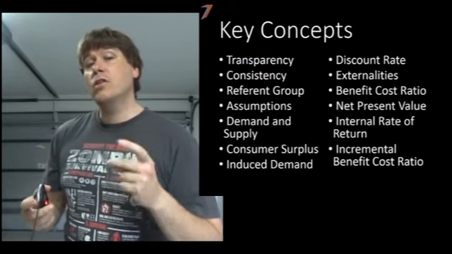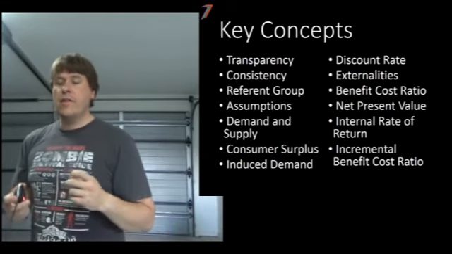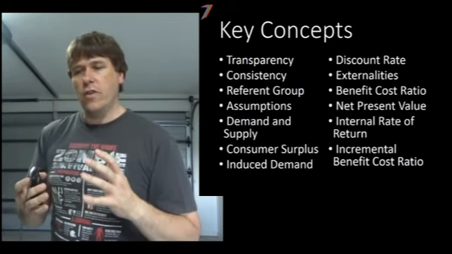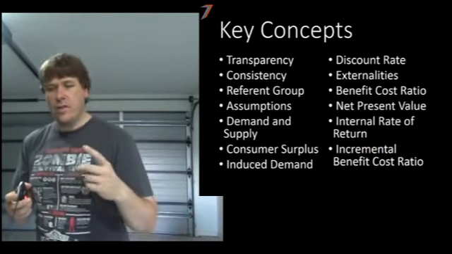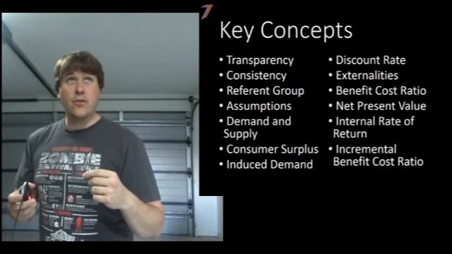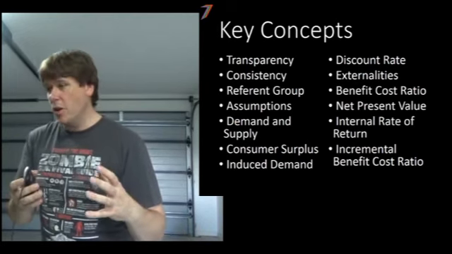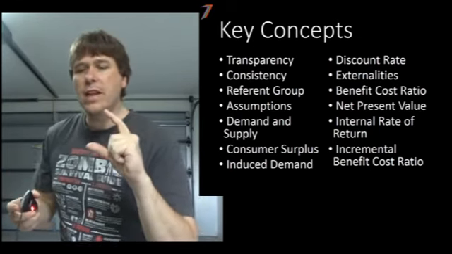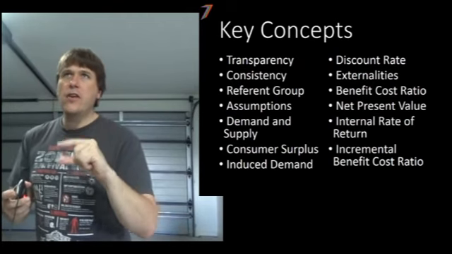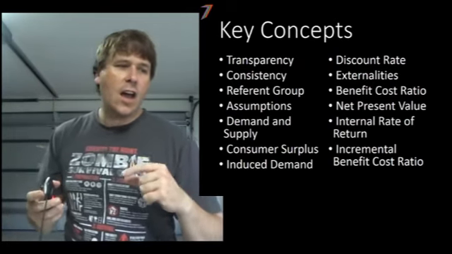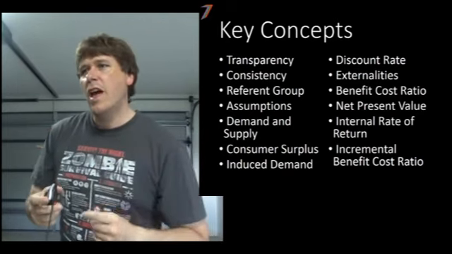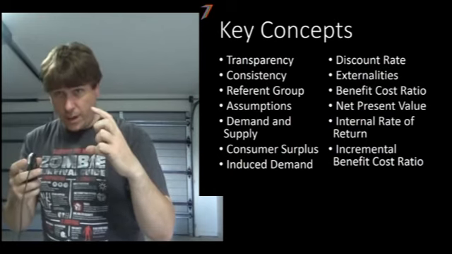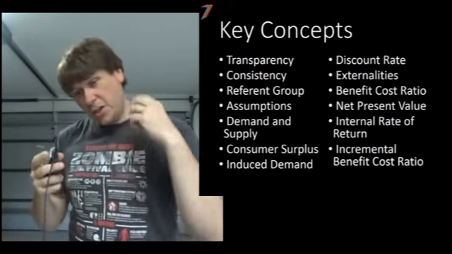And possibly one of the most key indicators is actually incremental benefit-cost ratio. I didn't mention this earlier, but this is a very important ratio because it's comparing between your different options. So, for example, you may have, let's say, a $20 million option and a $25 million option. So you're going to spend an extra $5 million on that second option. Then you look at the benefits. Are the benefits higher than the benefits of the $20 million option? Let's say, for example, your $20 million option has $30 million of benefits and your $25 million option has $32 million of benefits.